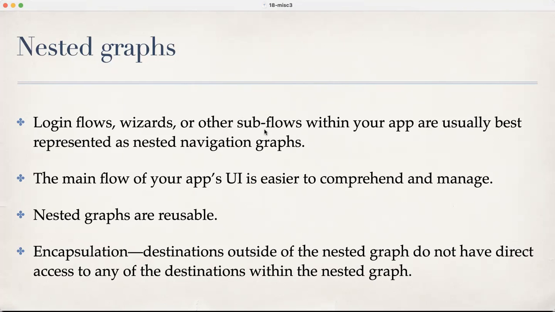Any other specific subflows can be represented as nested graphs because there is a certain flow between them. Another advantage is that by creating nested graphs, the main flow remains easy to manage. One more point is nested graphs themselves are usable. So you can have the entire nested graph as a destination of one of the actions.